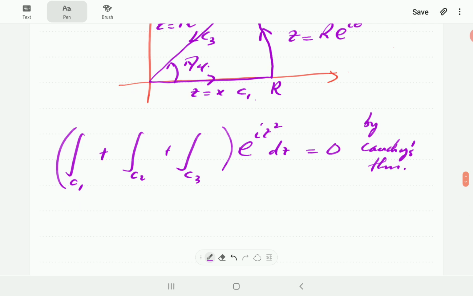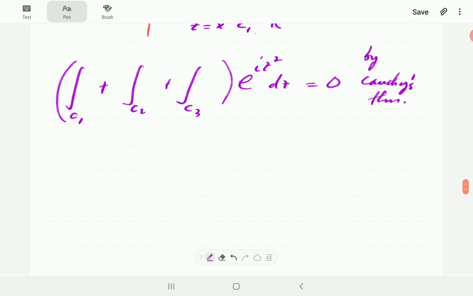The trick with functions that are analytic everywhere is that you can start with any closed contour and then deform it, because the integral along any closed contour should be equal. So right now we're going to start with this closed contour, and then we're going to deform it by letting R go to infinity.